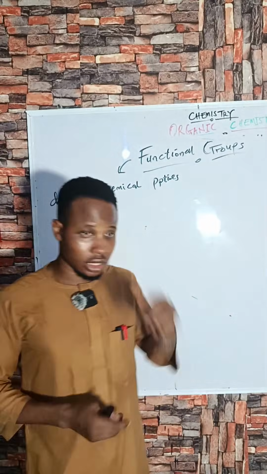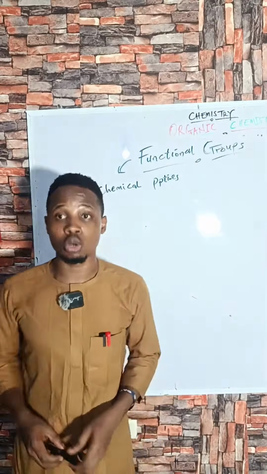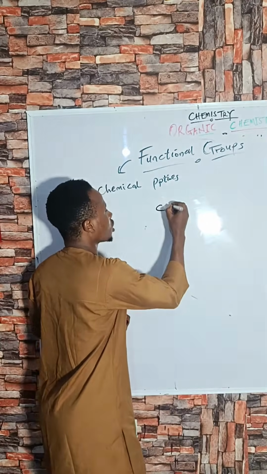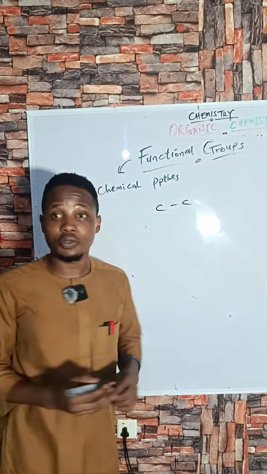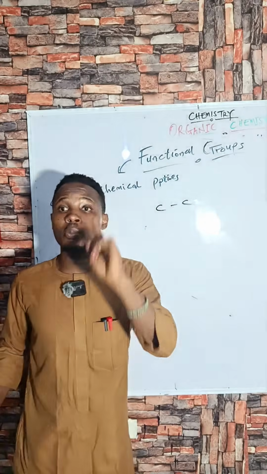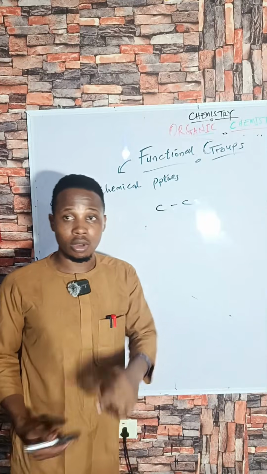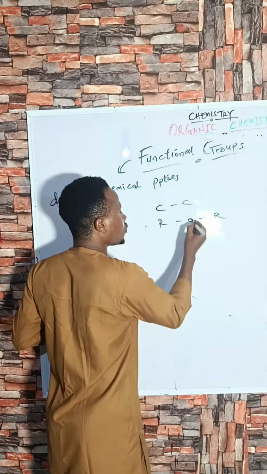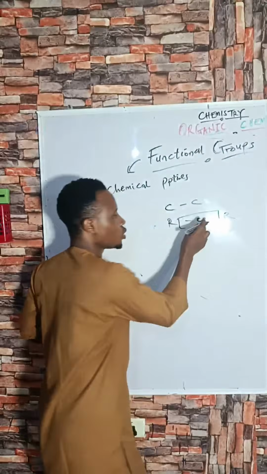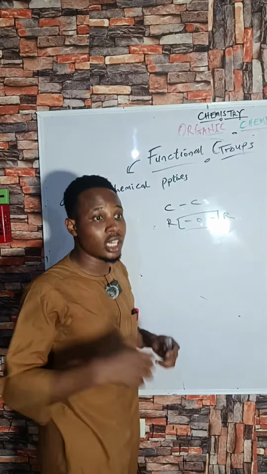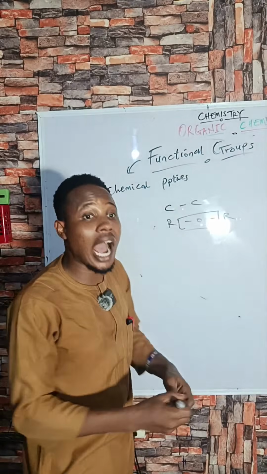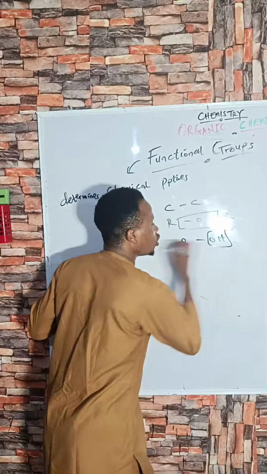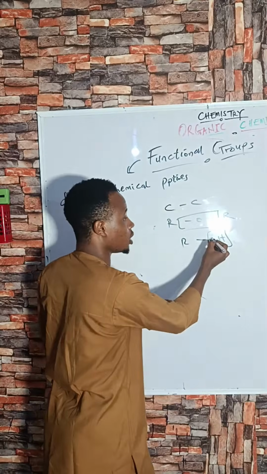But what exactly is this functional group? By definition, a functional group can be a bond. Like I said, for alkanes, the single bond is the functional group. It can be an atom, for example in ROR, where the functional group is the O, an atom of an element. It can even be a group of atoms of elements, for example ROH. OH is a group. It's not one element, it's two elements now.